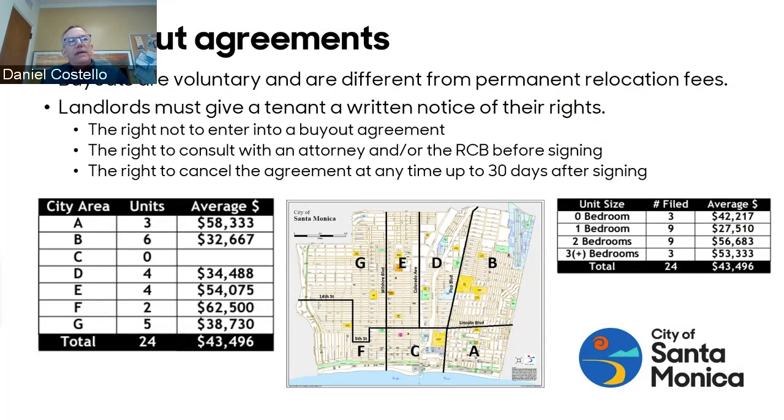So in Area 3, we had 3 buyout offers. They weren't necessarily in the same building, and they averaged 58,333. So this is just good information for tenants to know in case the landlord approaches them with a buyout offer and they are interested, because you certainly do not need to accept this. And as Jenny said, if you do, you will not qualify for any of the affordable housing units in the city if you would otherwise qualify.